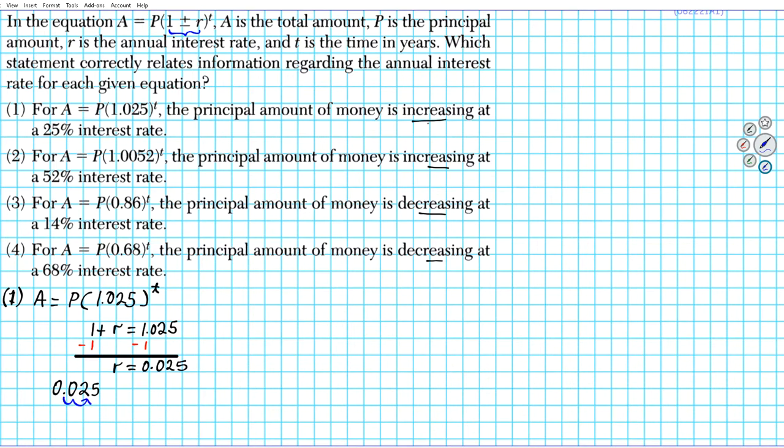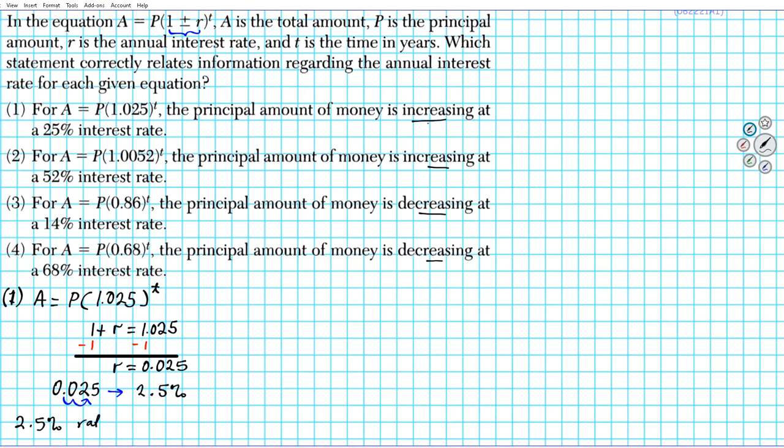Both yield exactly the same result. So 0.025 in decimal form is the same thing as 2.5%. So for option 1, you have a 2.5% rate of increase.